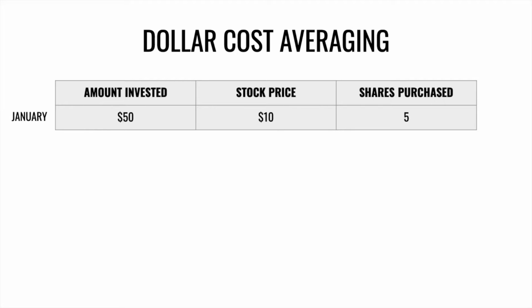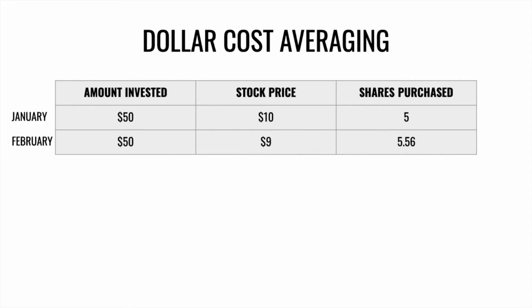So that means I have to invest $50, or a quarter of 200, into stock XYZ in January. Stock XYZ right now is $10 and I'm investing $50. $50 divided by 10 is 5. So I'm going to buy 5 shares of XYZ on January 1st at $10.